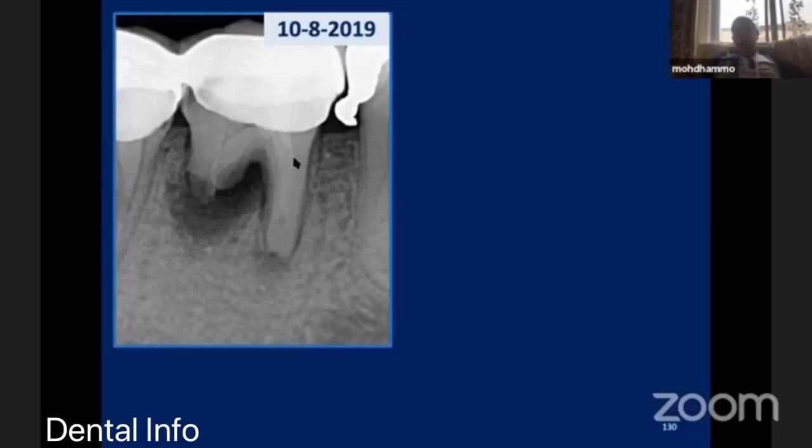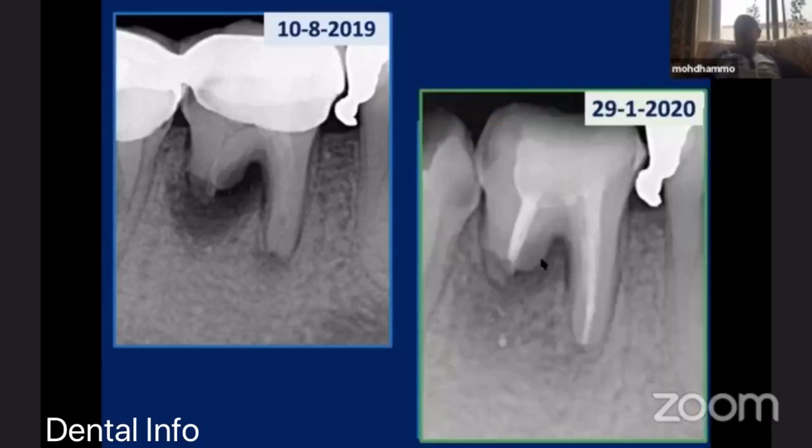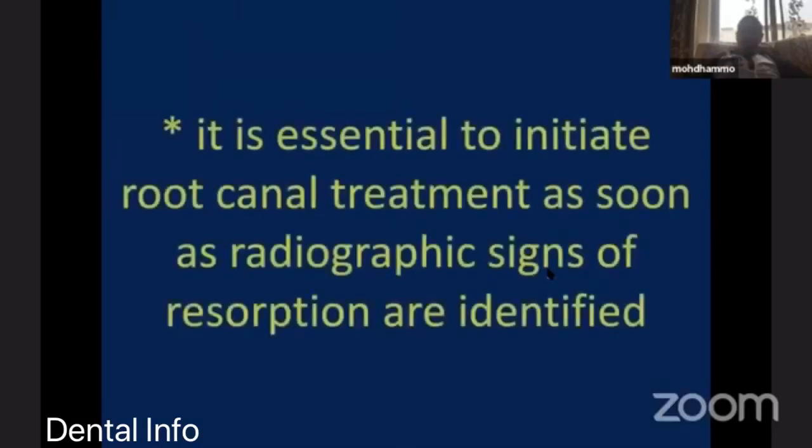The mesial part, I will obturate it with gutta-percha and sealer, but the distal part, because of the resorption, I will place MTA. And now you can see this case after just 5 months. You can see here the resorption stopped, the bone is regenerated here, and we will keep the tooth under observation.